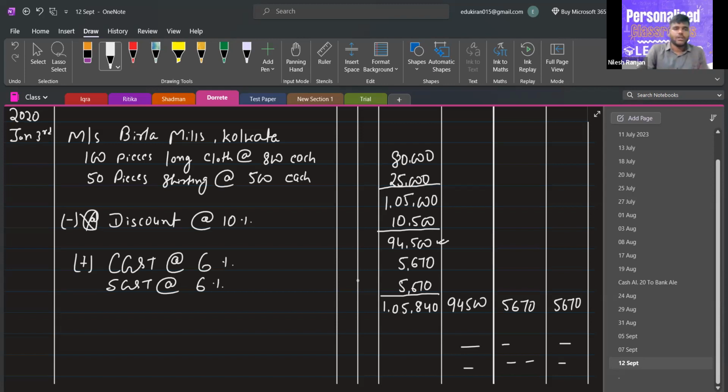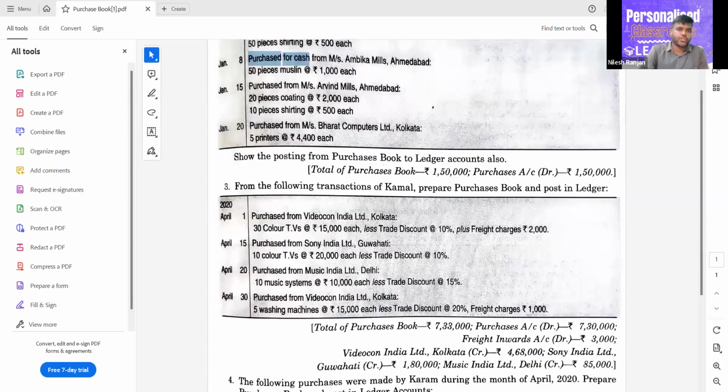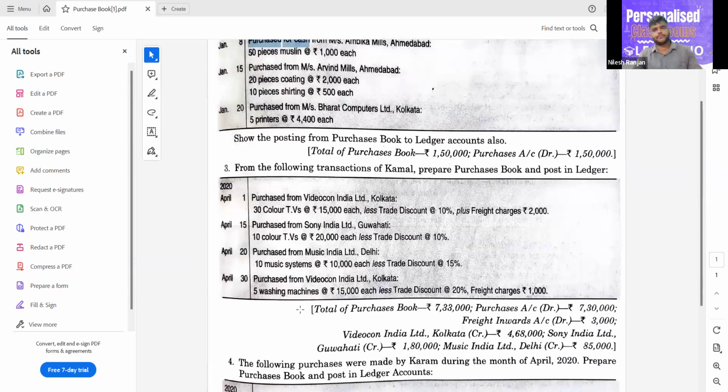So now that we have prepared this, see question number 3. Yes, sir. Can you solve this question?